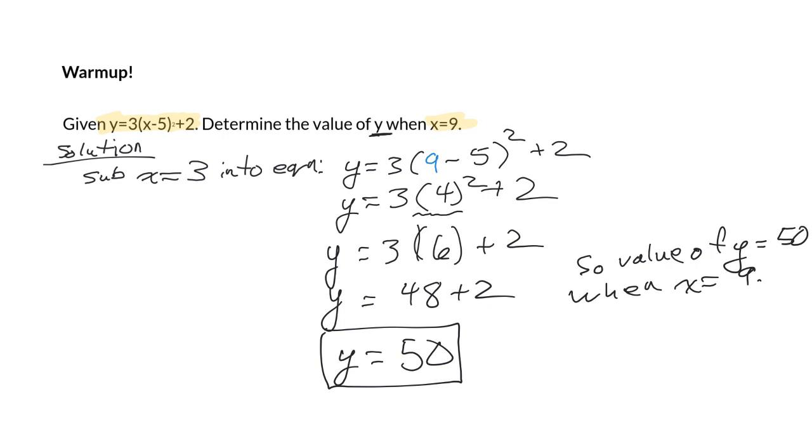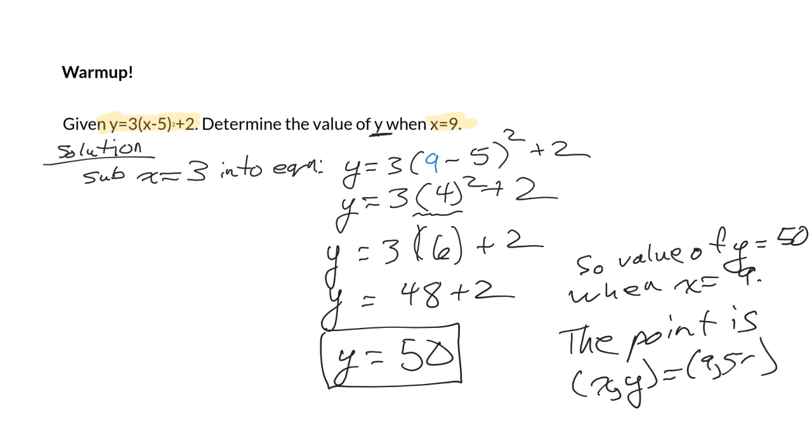Now, I could also ask you, tell me what the point is. So you'd say the point (x, y) equals (9, 50), and you're done. Now let's move on to today's lesson.